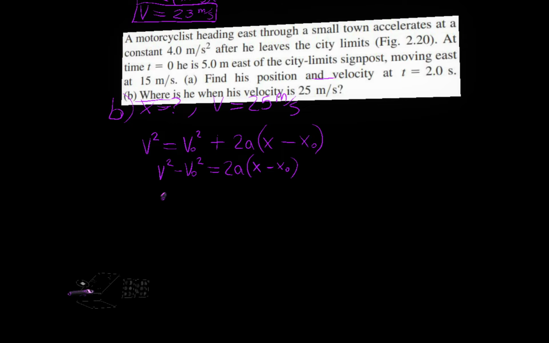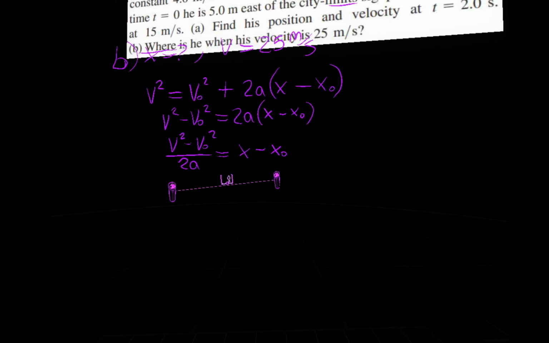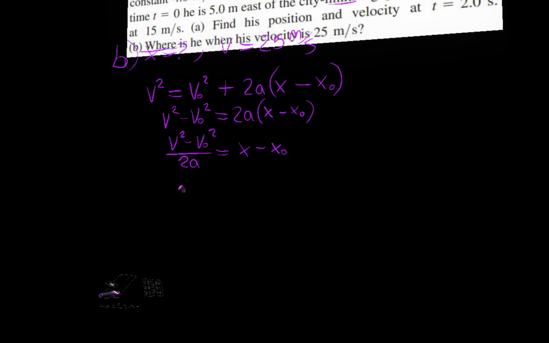We have v squared minus v naught squared over 2a is equal to x minus x naught, getting closer. And we'll switch these things here. So x is equal to v squared minus v naught squared over 2a plus x naught.